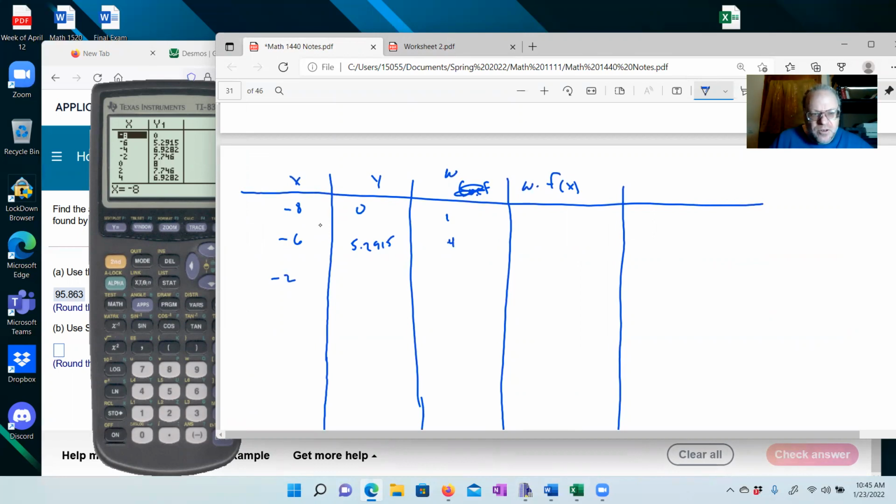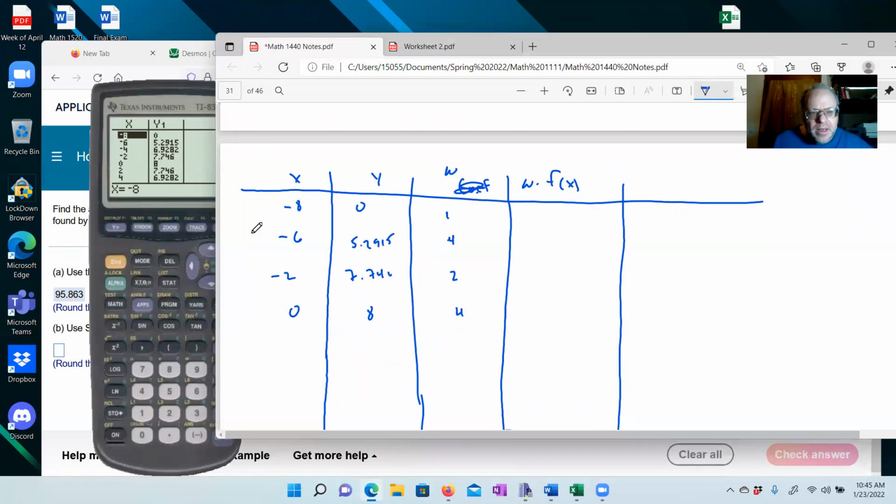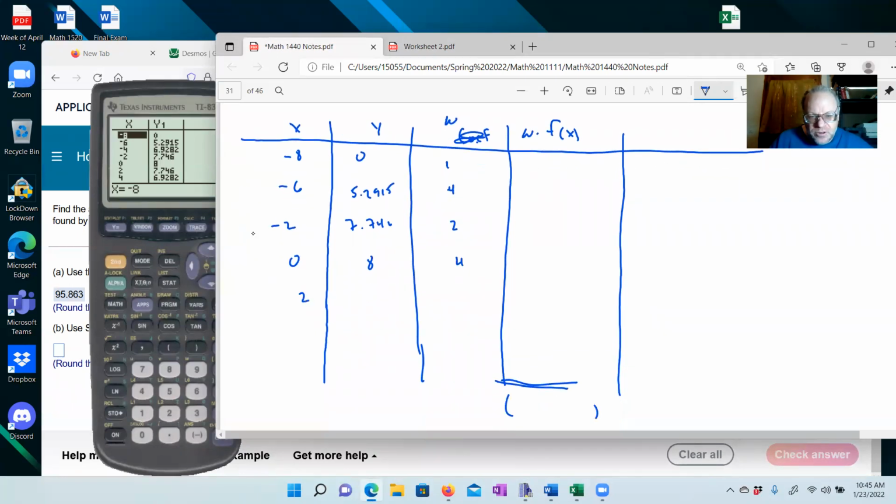And then -2, and we have 7.746, 2, 0, 8, 4, the weight, 1, 4, 2, 4, etc. Right? And then we have 2, 7.746, and a 2 here, and then a 4.